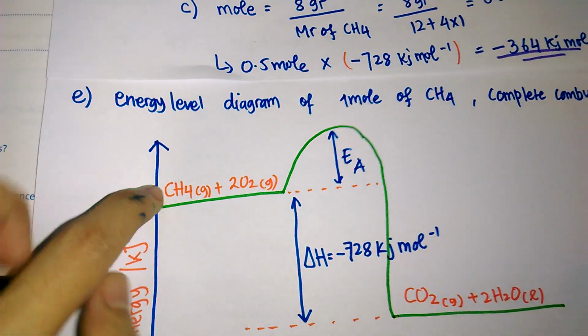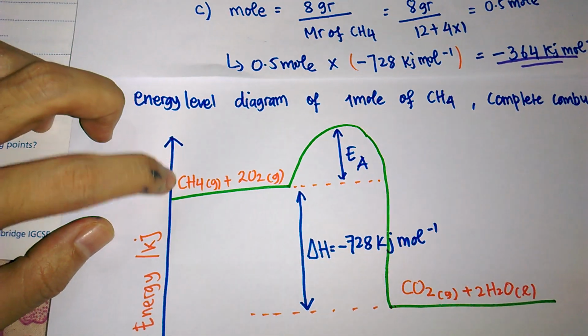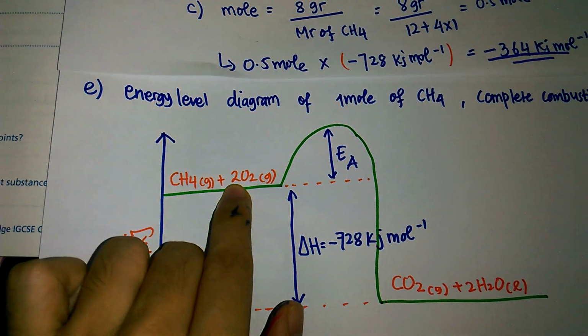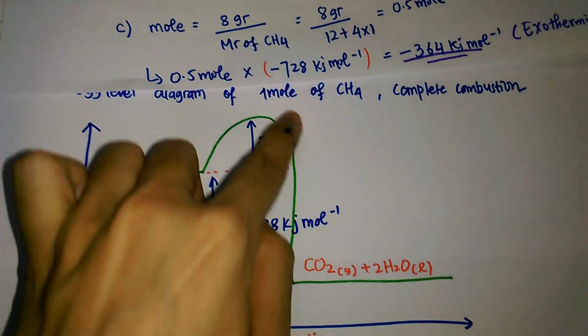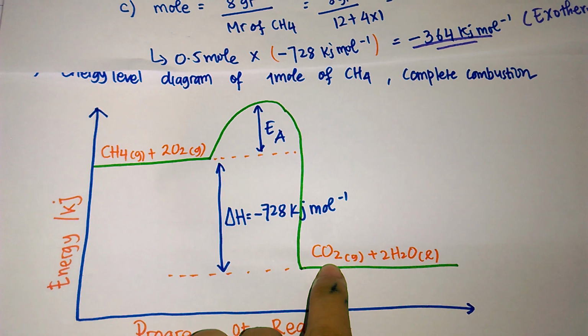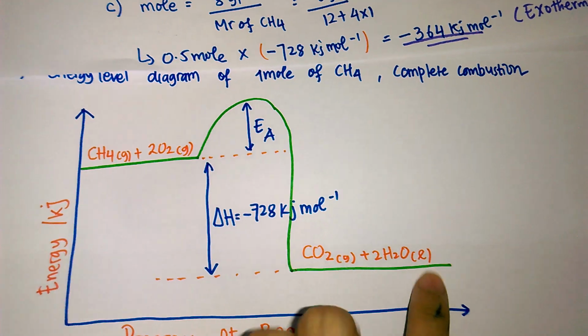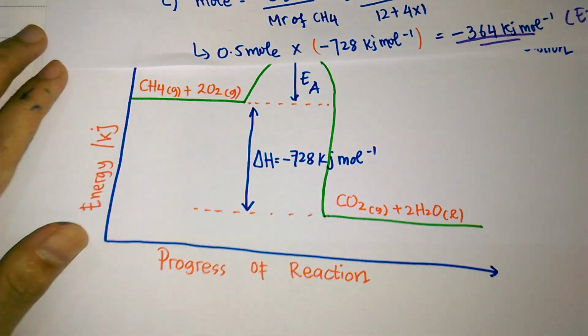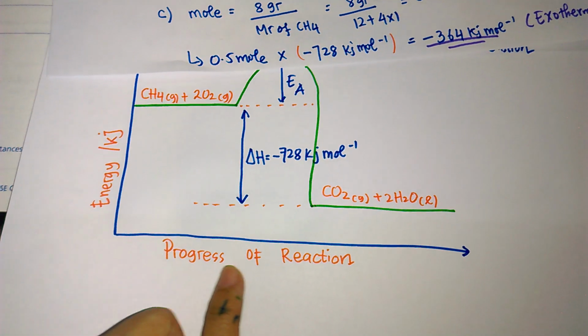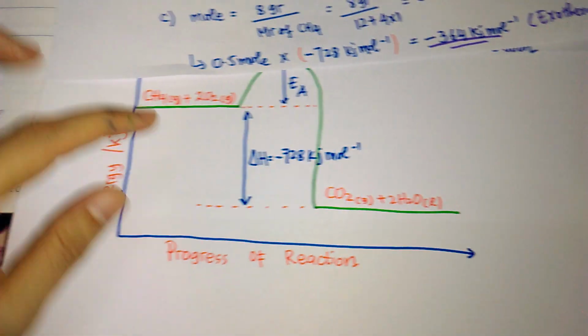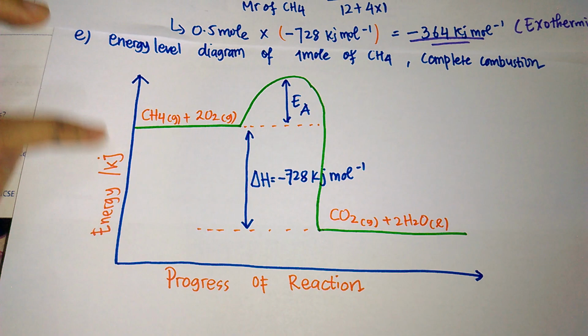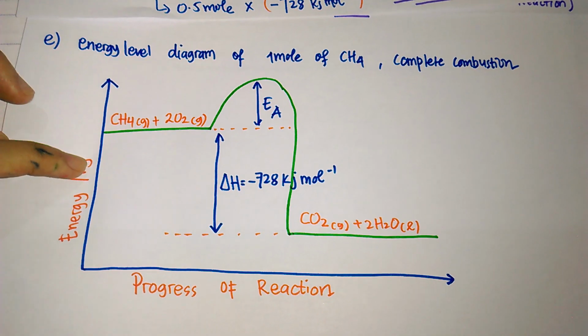For the reactant, copy 1 mole of CH4 plus 2 moles of oxygen will produce carbon dioxide and 2 molecules of water. So don't forget to label the x-axis as the progress of reaction and the y-axis as energy in kilojoule.